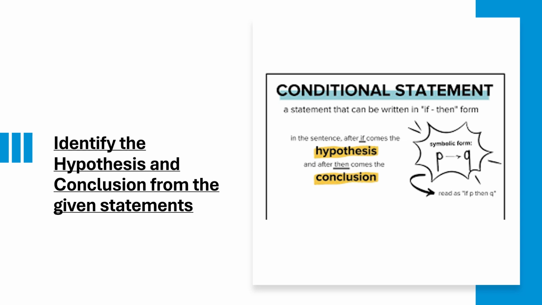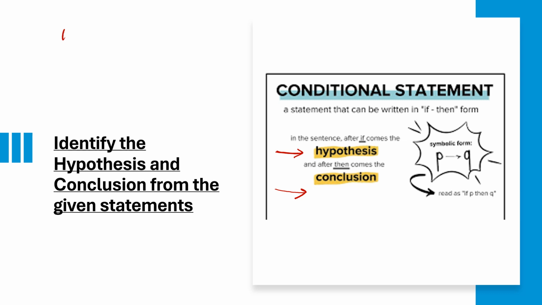A statement which is written after the if and the other statement which is written after the then. The statement that is written after if is said to be the hypothesis, that is the fact, and the conclusion or the resultant statement is written after the then. So you just have to identify.